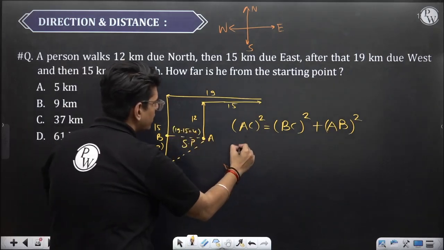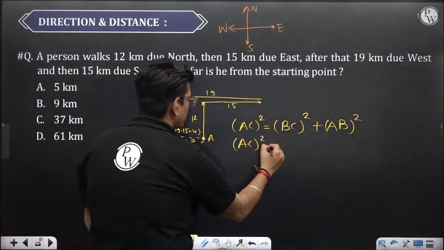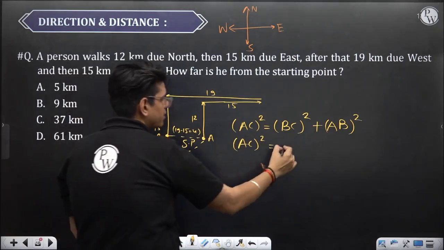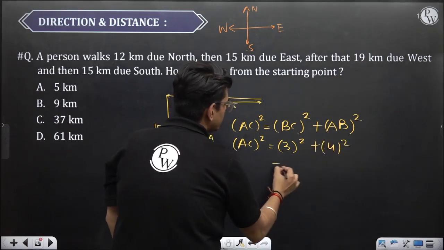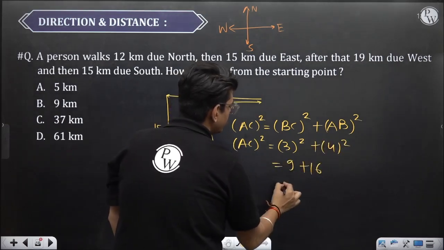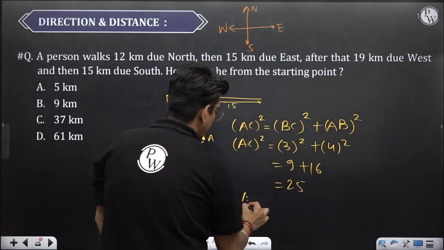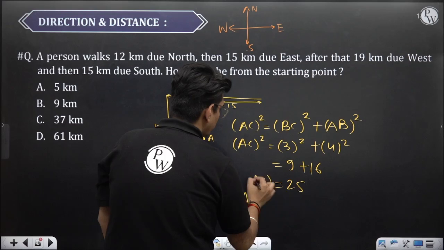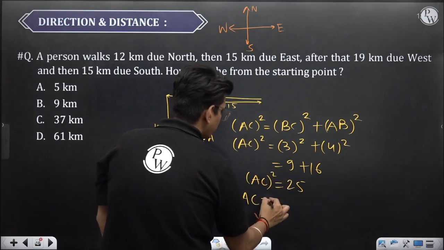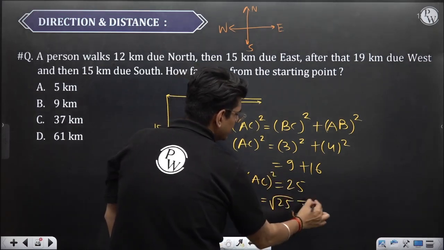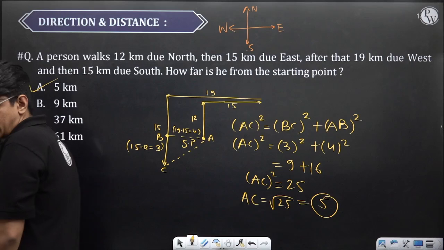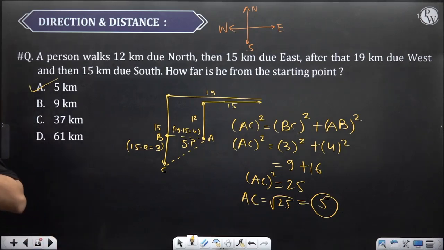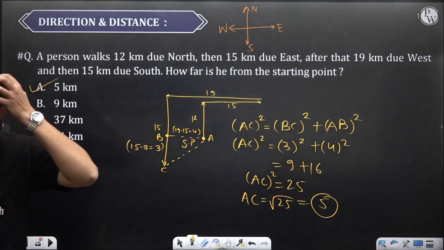So AC square is nothing but BC is 3 square and AB is 4 square. This is nothing but 9 plus 16, which is 25. So AC square equals 25. So AC is what? Root of 25, which is 5, right? So the answer is A. Got it?